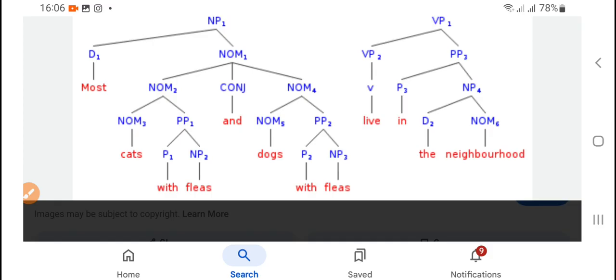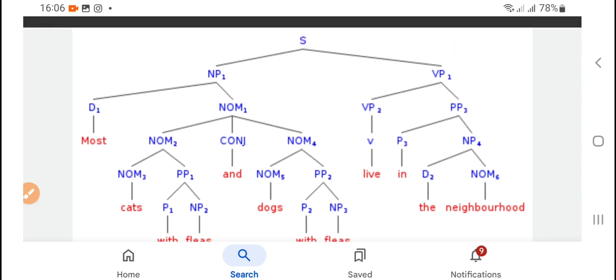So that's a nominal phrase 1. The noun phrase is cats with fleas, a prepositional phrase, then the conjunction "and", then another nominal phrase, that is dogs with fleas, same. Then that is the verb phrase.